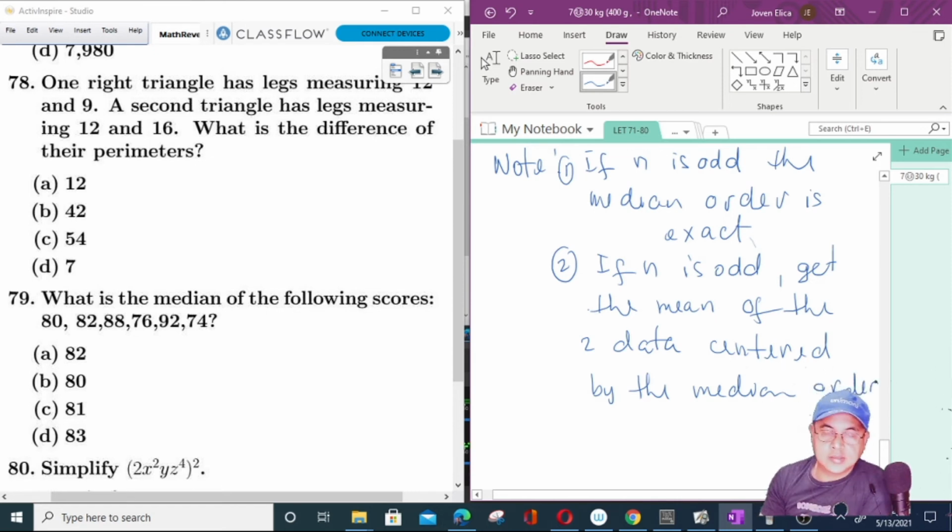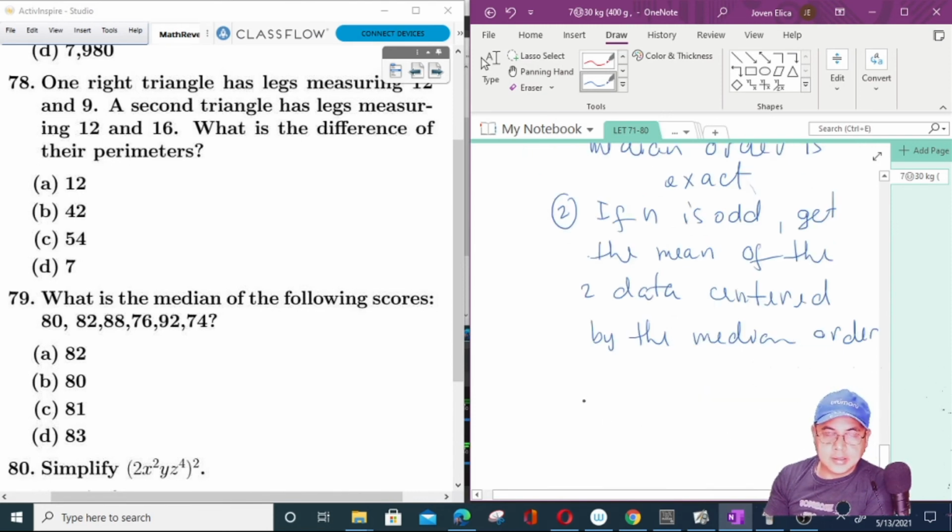Okay, so these are the two important notes in order to get the median.